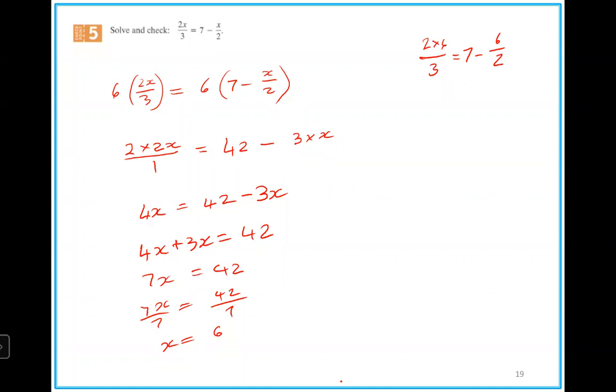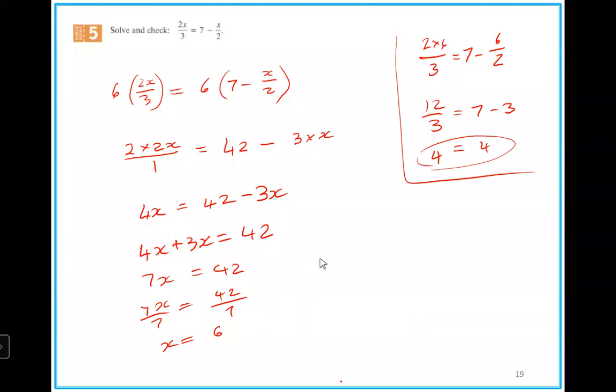So 2 sixes are 12 over 3 equals 7 minus 6 divided by 2, which is 3. 3 into 12 is 4, and 7 minus 3 is 4. So we get a true statement. So therefore, x equals 6 is correct.